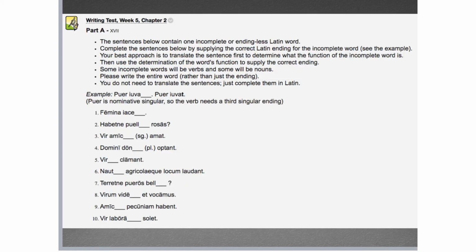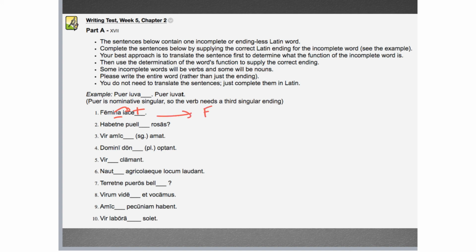And for the writing, we are completing sentences with Latin endings. So these could be verbs. These could be nouns. So, for instance, number 1, it's going to be a noun. Femina has a nominative ending, so it's going to be the subject of the verb, and as a singular subject, it's going to be jacet. The -t ending is that singular.